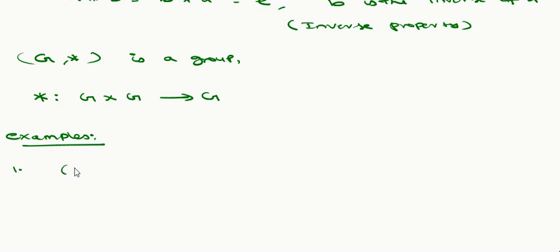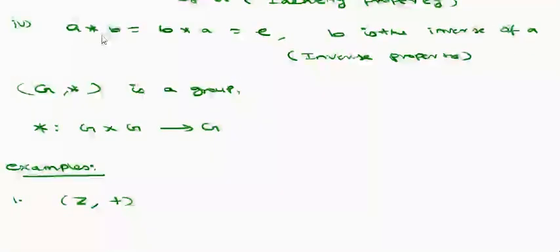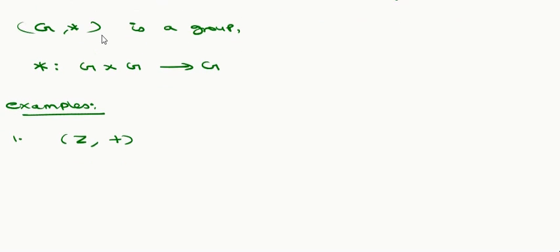The first example: the set of all integers under the operation addition is a group. When we add two integers, the result will also be an integer, therefore the closure property is satisfied. The associative property is satisfied, since the sum of three integers is an integer and the left hand side equals the right hand side. The third property is the identity property.